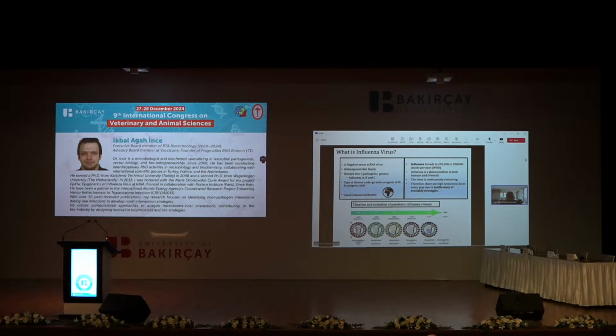But these 3 types go through antigenic drift and antigenic shifts, which makes it a big challenge for us to develop a vaccine. Still, there is no effective vaccine for this infectious agent. So this is a global problem, and each year it appears seasonally in both humans and animals.